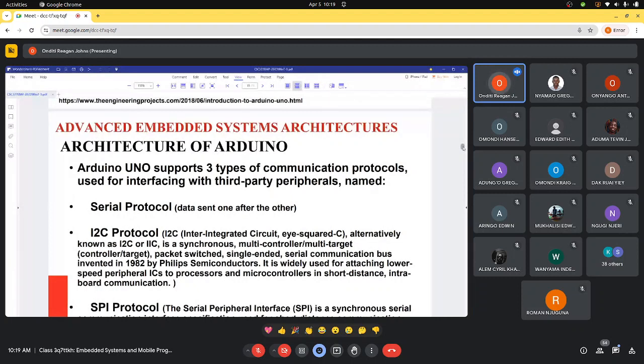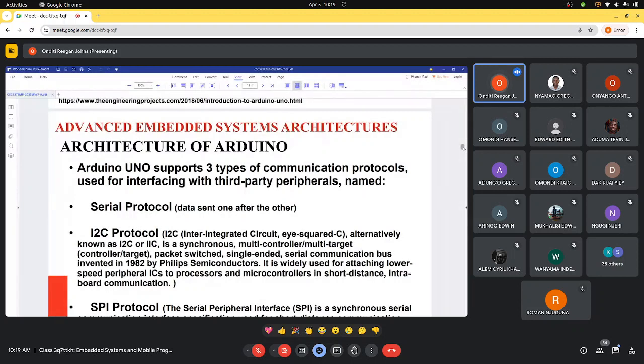So data is sent one after the other on the serial protocol. This is what we call the SPI. Then we have the inter-integrated circuit, what we call I squared C. How would you call it in the current technology that we have? Basically, you have them on your phones.